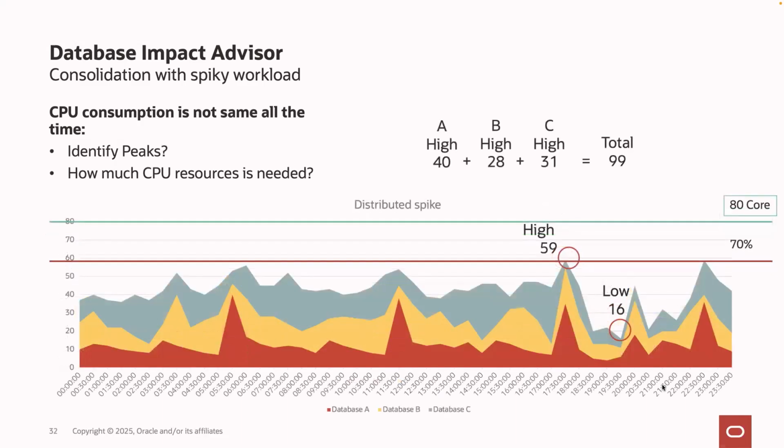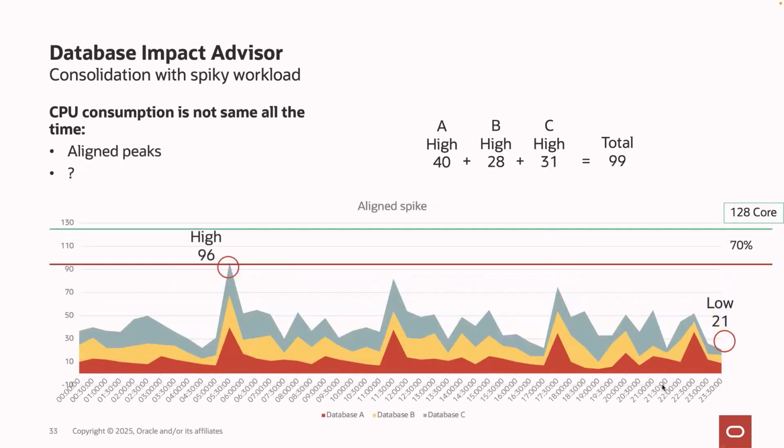And if we add a third workload here, and we see this type of spikes, the total should be 99, but still we have the spikes non-aligned. That means we end up at a maximum resource utilization of 59 cores.